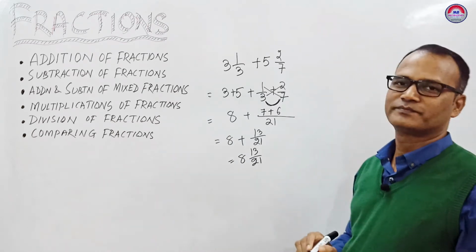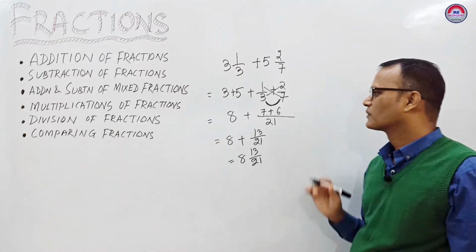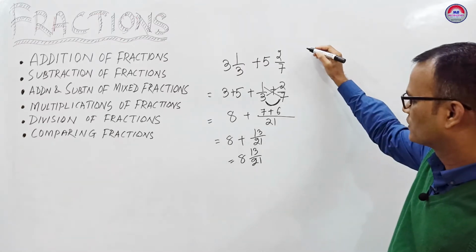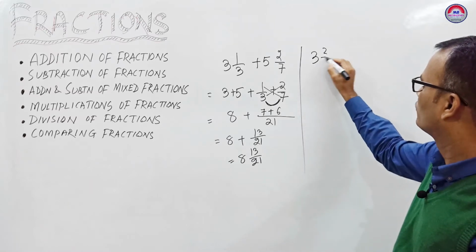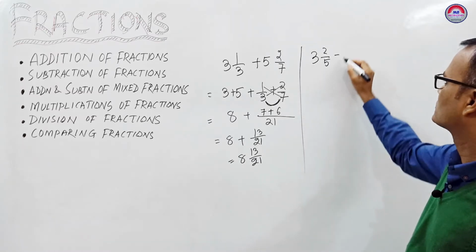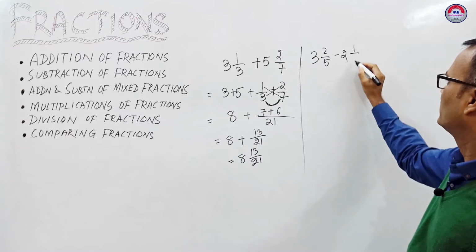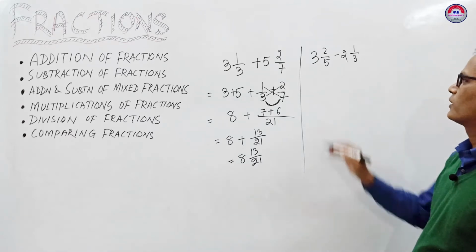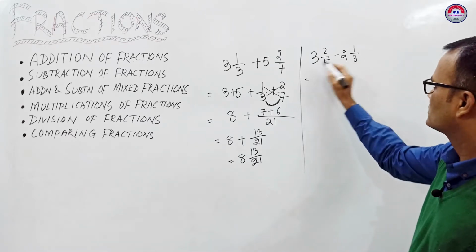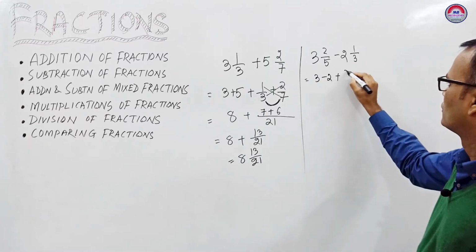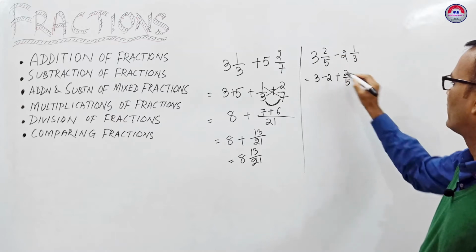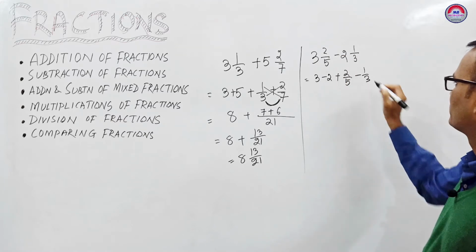Okay, this is addition. Similarly, if you subtract, suppose we subtract this one, 3 whole 2 by 5 minus 2 whole 1 by 3. Okay, now same process: whole part 3 minus 2, plus fractional part 2 by 5 minus 1 by 3.